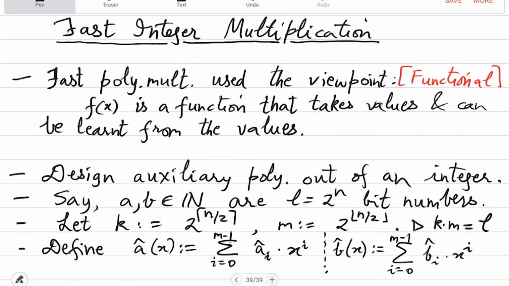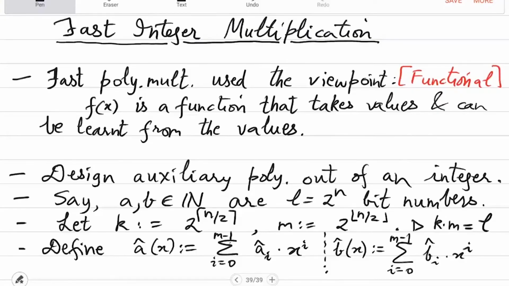So the degree of a hat and b hat is m minus 1. There are m monomials, and ai hat, bi hat are small integers. How many bits? k bits. In a hat you have m many k bit integers. This is the polynomial corresponding to a, and then a similar analogous thing for b. Okay, so remember this definition.